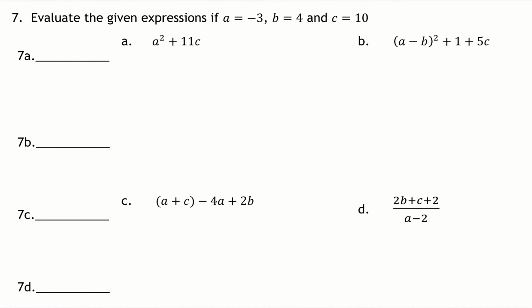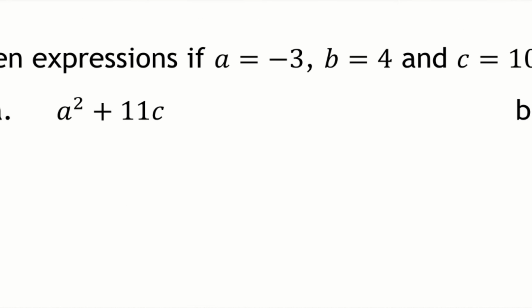Question 7, we're asked to evaluate 4 different expressions, and I'm giving you a value for A, B, and C. And again, I want to caution you, remember A is negative 3, right? So when I set out to square this, remember what's getting squared is the negative 3.